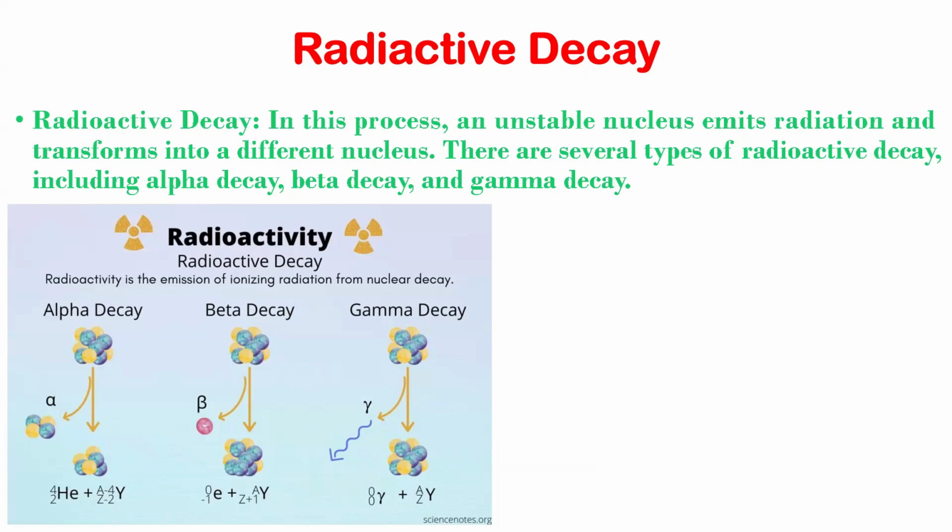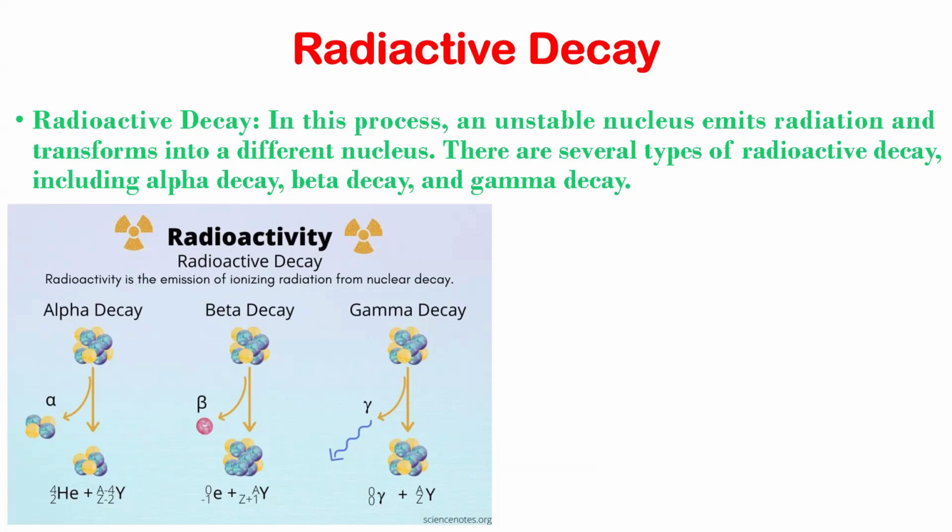So whenever you have a radioactive substance or an unstable nucleus, when it undergoes an alpha decay, it means that a helium atom is emitted as a radiation or as a particle. So whenever you have an alpha decay, it means that the mass number of the unstable nucleus will reduce by 4 and the atomic number will reduce by 2.